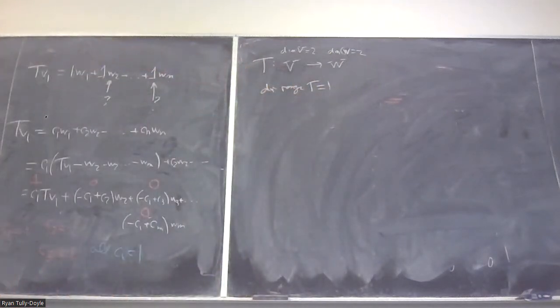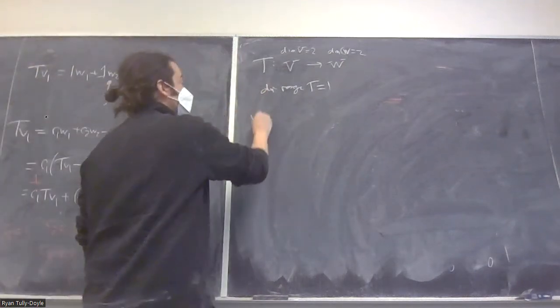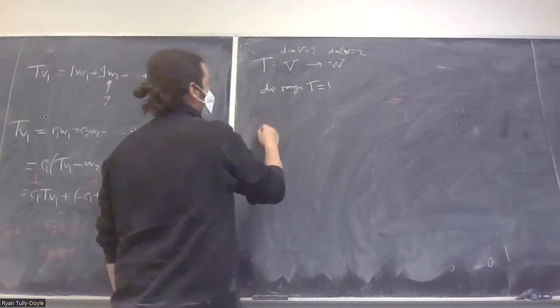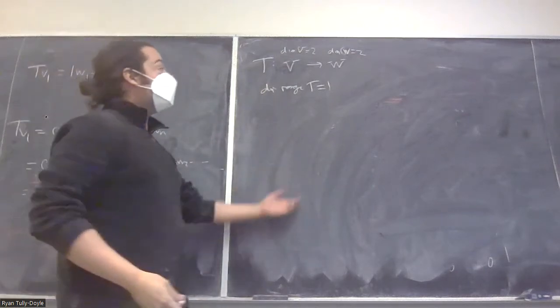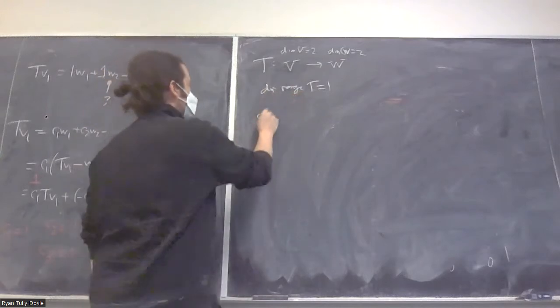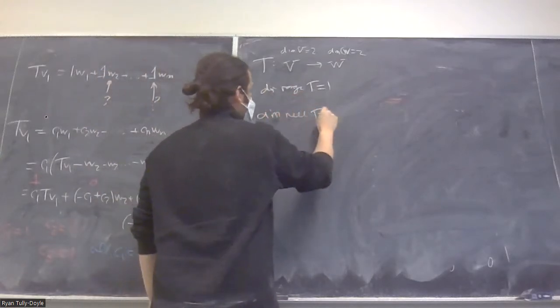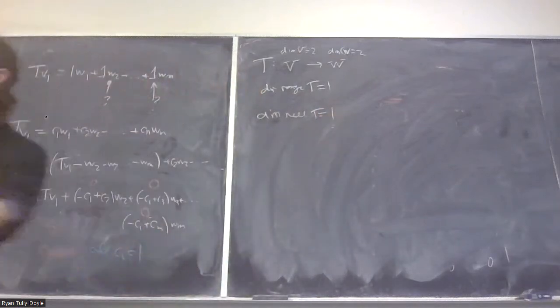It's a lot easier in a lot of these problems to figure out what to do if you look at very small examples. If you look at this problem and you say, okay, naively, let's just pick a V1. The first thing you should say is, if the dimension of the range of T is 1, that means the dimension of the null space of T is also equal to 1. So I might as well use that fact somehow.